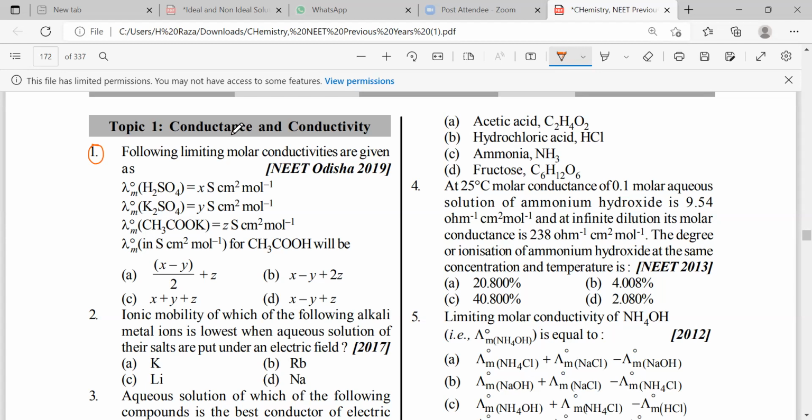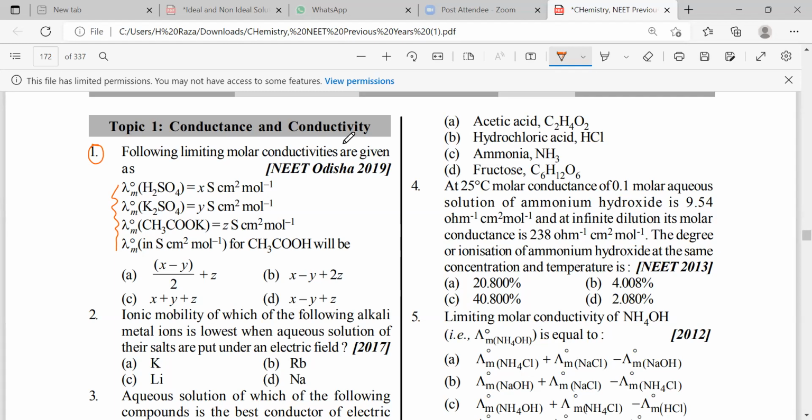No, I don't think option B is correct. This is very easy; all molar conductivity is given. Should I explain it?